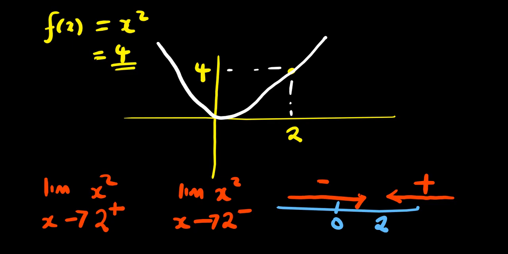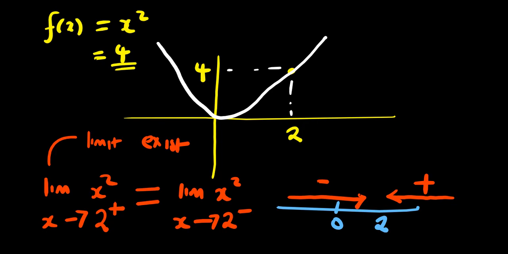Now if the limit of x squared as x is approaching 2 from the negative and the positive are equal, if both of these are equal, then it means the limit exists. So what do we mean?